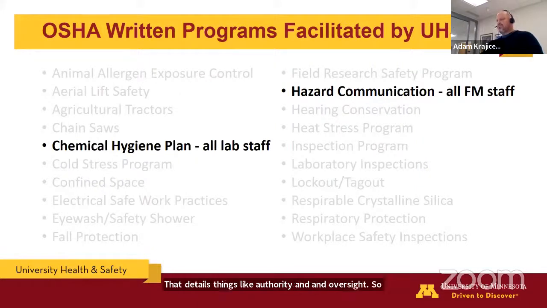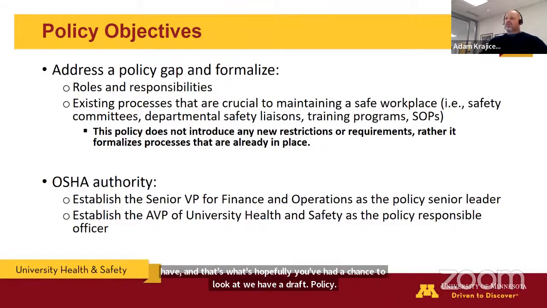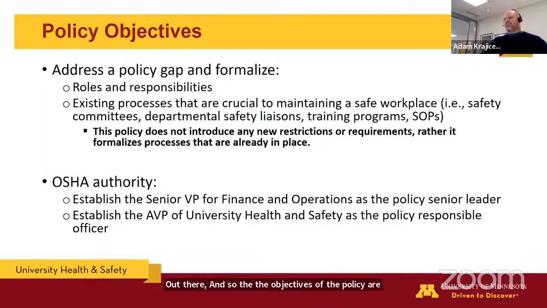We felt one good way to address some of the audit findings was to create a policy. And so that's what we have, and hopefully you've had a chance to look at the draft policy out there. The objectives of the policy are really to formalize what's already in existence.